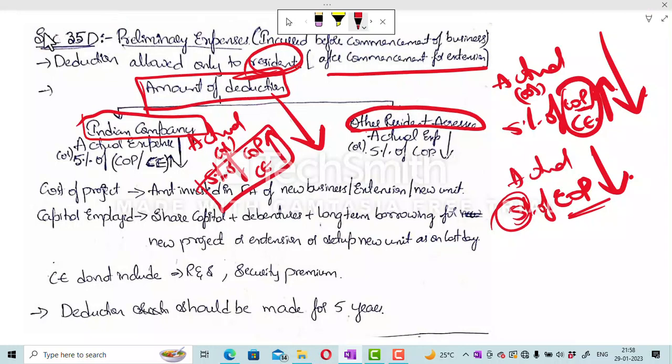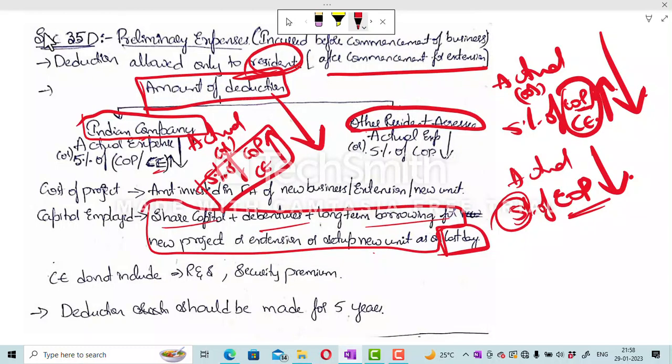But for an Indian company, capital employed is given, because only companies have share capital, debentures, and long term borrowings for a new project or extension or setting up a new unit, taken on the last day. On the last day we take all these amounts and compare with the cost of project, take whichever is higher, calculate 5% on that, and compare it with the actual expense.